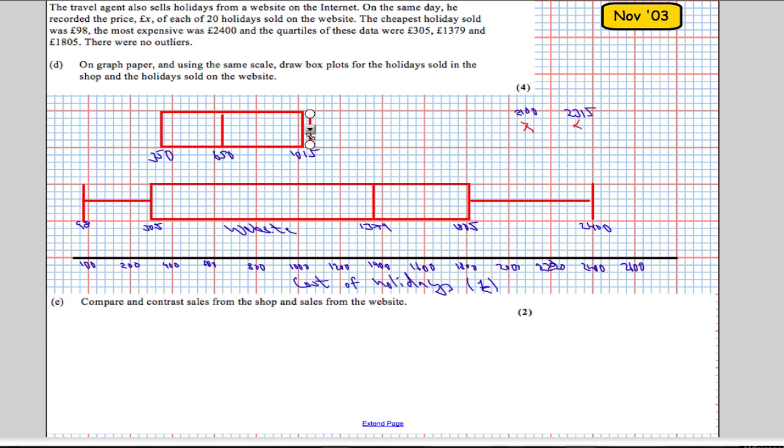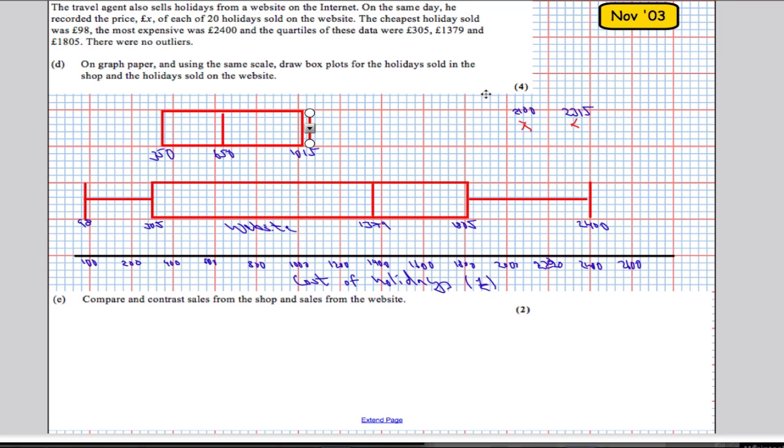And then lastly, the lowest value, I remember off the top of my head, was 99, so just slightly ahead. And there's our two box plots. 1050, and this is 99, and it's also the shop.